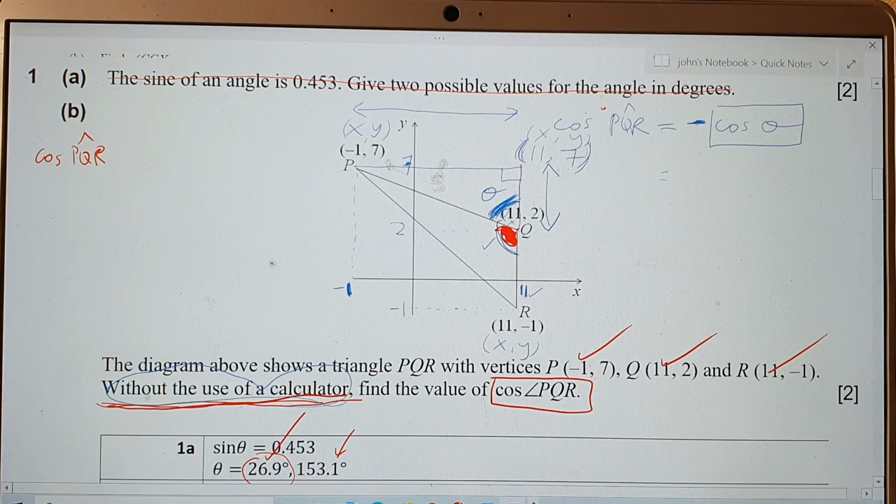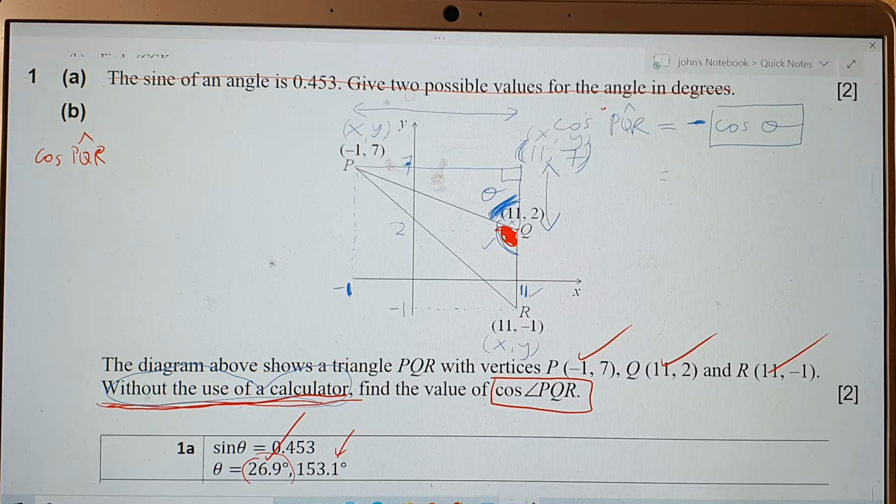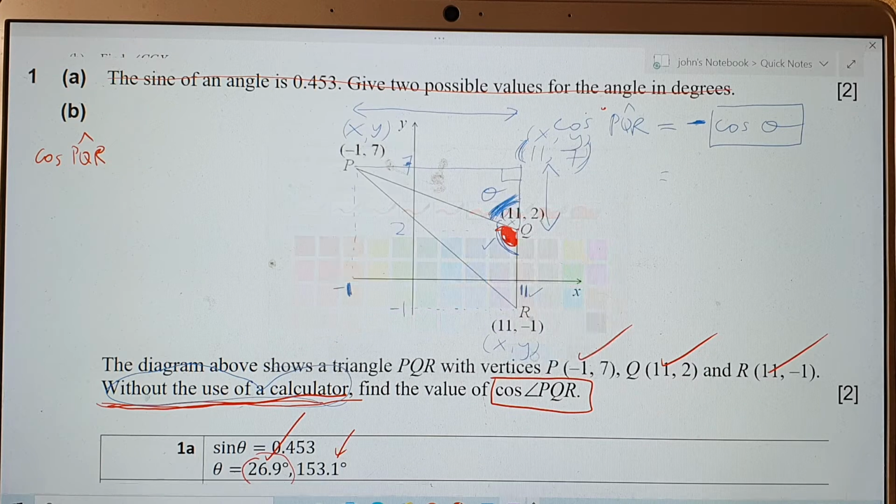That means to get from minus 1, I'm here now, I want to get to here.